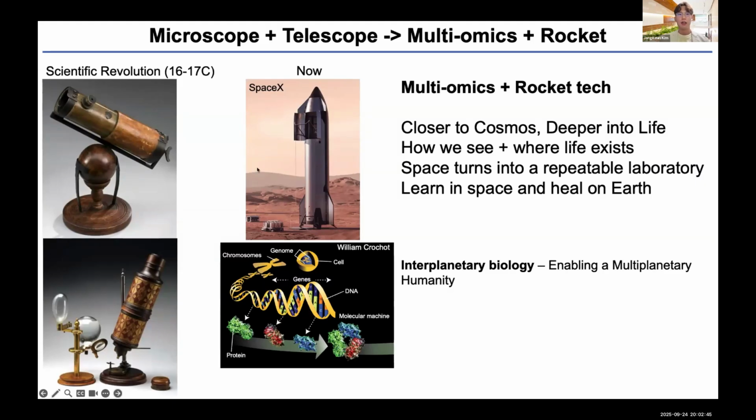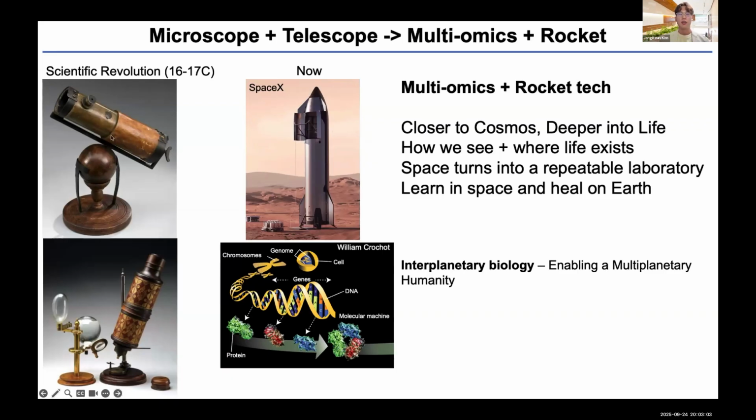In this era, I think the matching tools would be the rocket for the telescope and multi-omic technology for the microscope. Basically, these tools make it possible to get closer to the cosmos and go deeper into life.